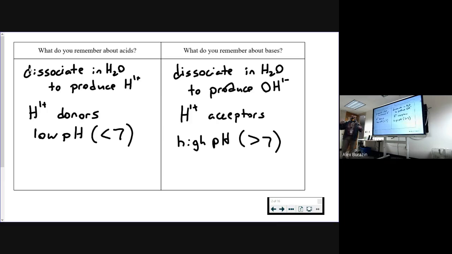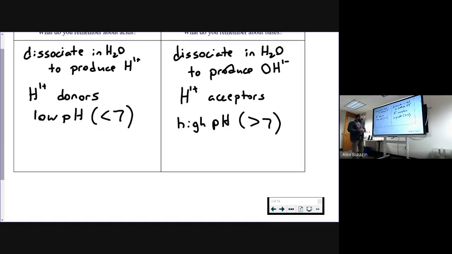Other acid-basey things, it doesn't matter, anything. What else do we know about acids and bases? This is a good start. And that sounded like Gavin, by the way, so I appreciate your participation.